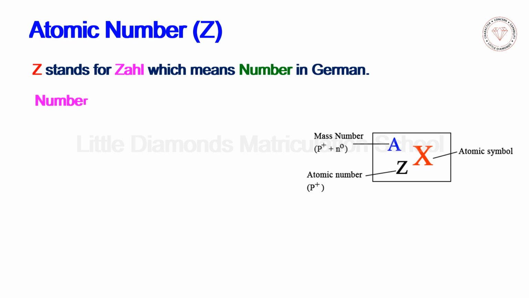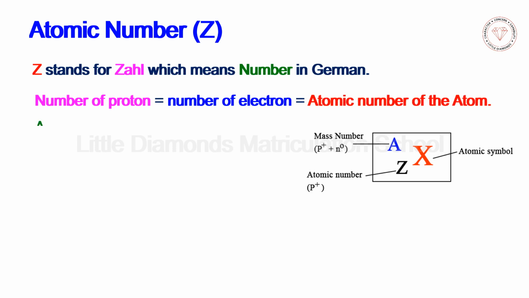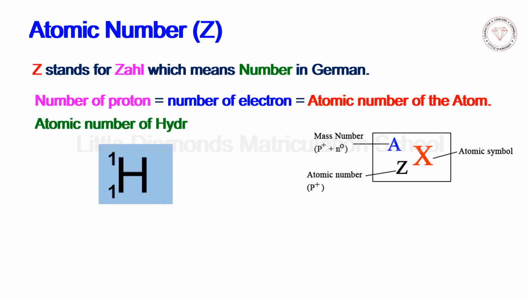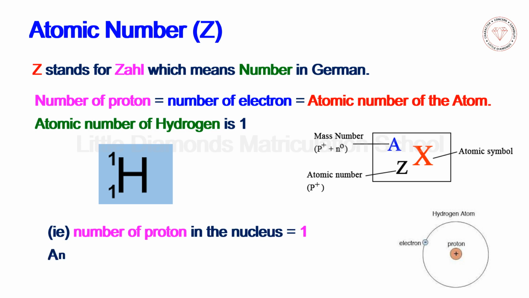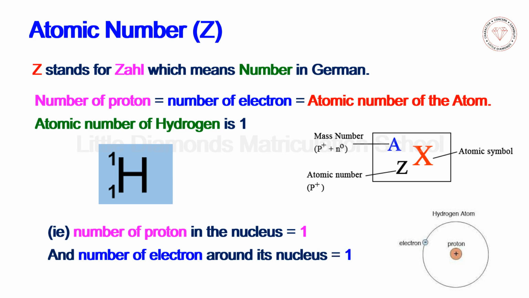The number of protons, which is equal to the number of electrons, is the atomic number of an atom. The atomic number of hydrogen is 1. That is, the number of protons in the nucleus of hydrogen is equal to 1, and the number of electrons around the nucleus of hydrogen is equal to 1.